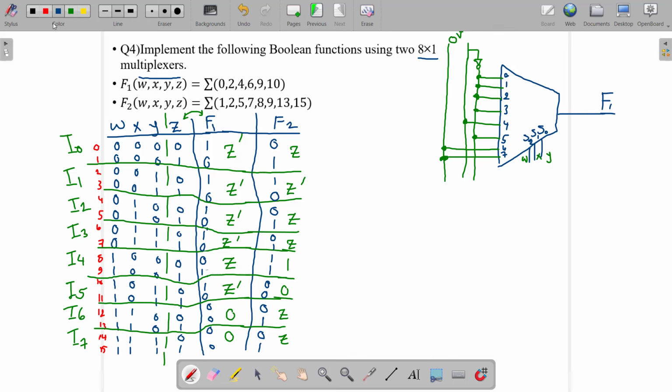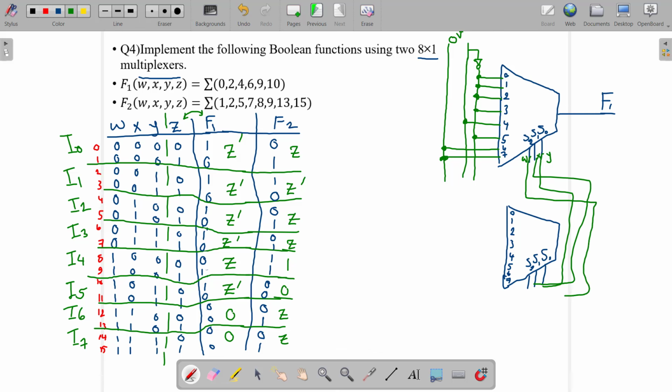Now again, because we have the 8 by 1, we draw another one in this form. Because the selection lines are the same as the selection lines of the previous one, we connect the Y to the S0, S1 to the S1, and also S2 to the S2. So again, for the 0 up to 7, we produce the Z, Z prime, 1 and 0 if needed.